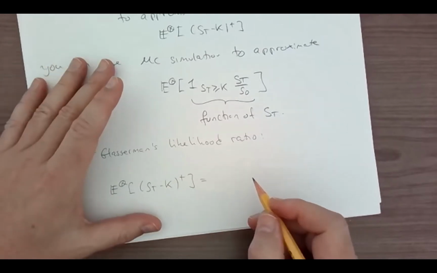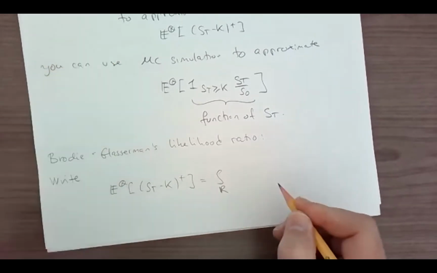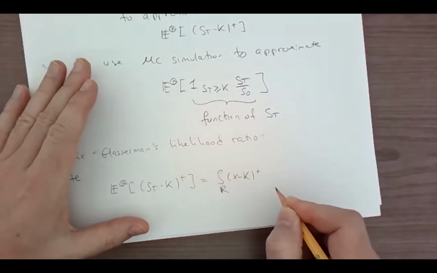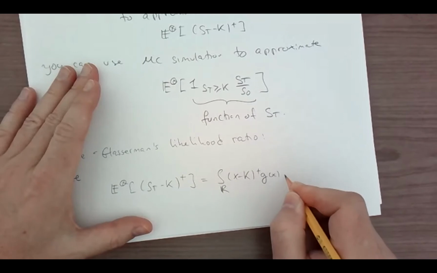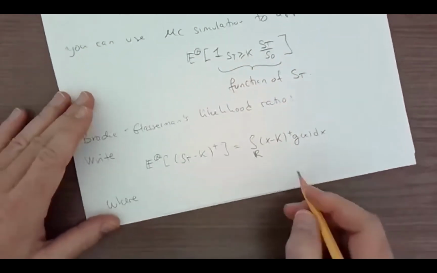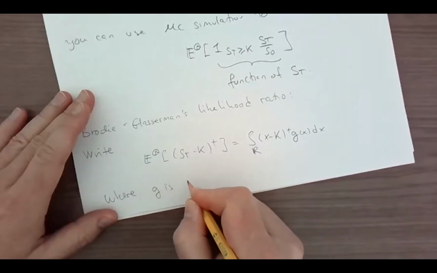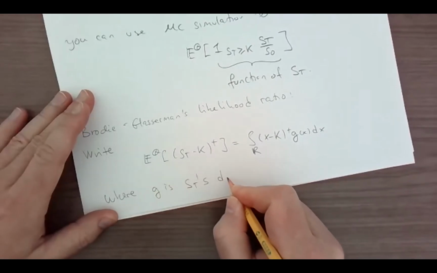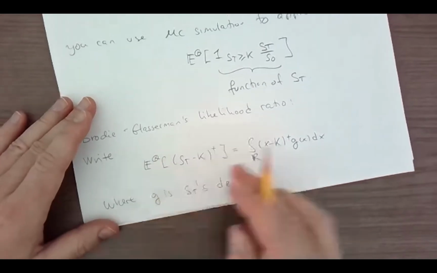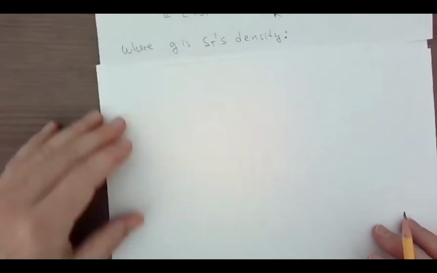So write it as an integral, say, over R of (x minus K) positive part times g(x) dx, where g is S_T's density under that Q measure. So let's write out what that is.